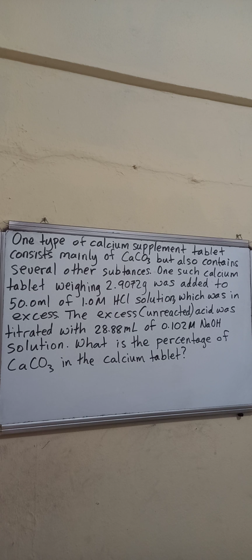Alright. So it says a type of calcium supplement, and when you get the question, it can have some excess information that is not needed for the calculation, right? So if the question is long, just read and pick out the necessary information. The first sentence says one type of calcium supplement tablet consists mainly of calcium carbonate, but also contains several other substances.